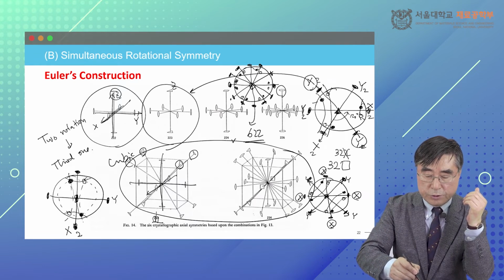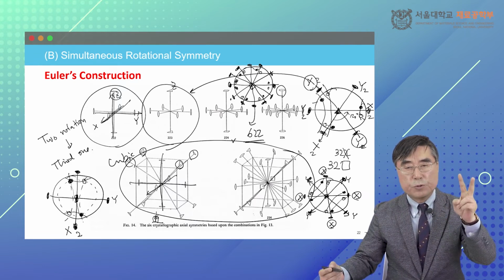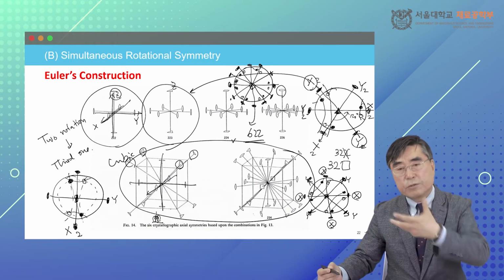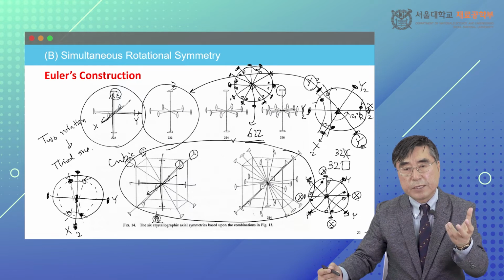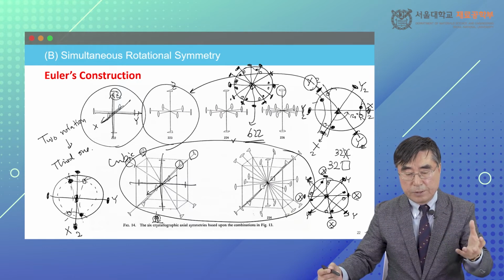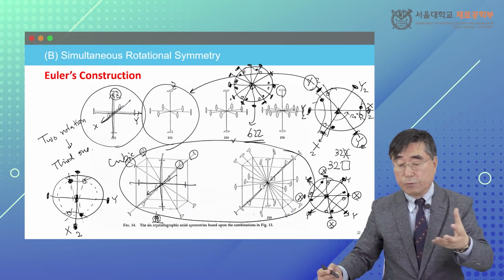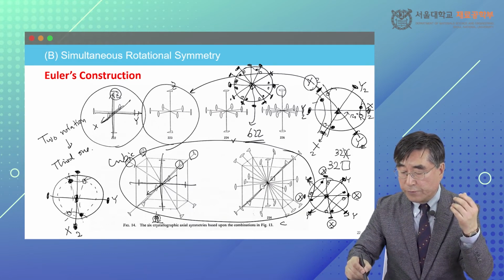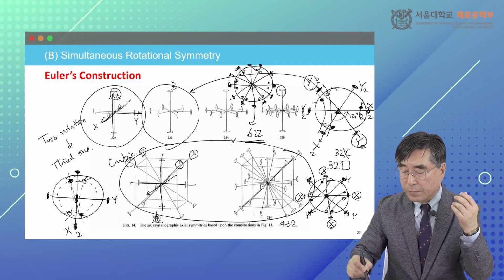Okay, this 3-fold generates 2 111 axes, and another 3-fold generates another 2 3-fold rotation axes. So this is 2, 3, 3 that is available in multi-rotational systems in cubic crystal structures. The most complicated one is this one, which has 2, 3, 4, or we call it 4, 3, 2.